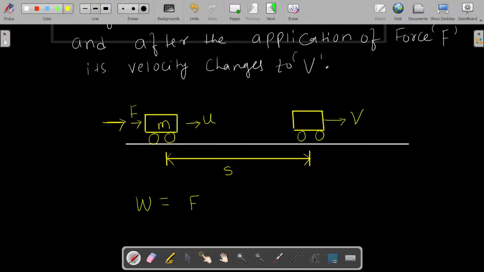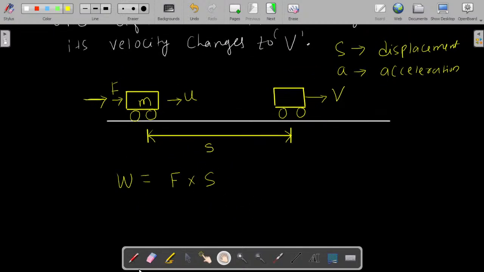Write down force into displacement, and s is displacement. a is acceleration. W represents work. Note down everything. You draw the diagram also, roughly, no problem.